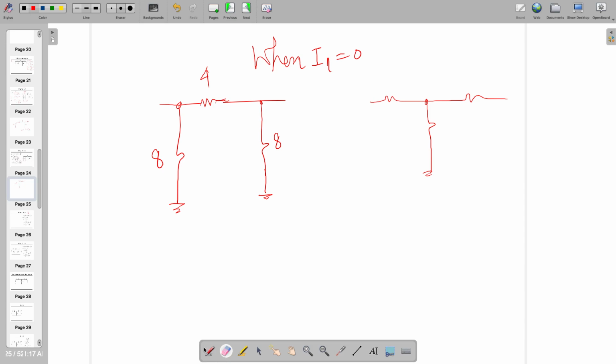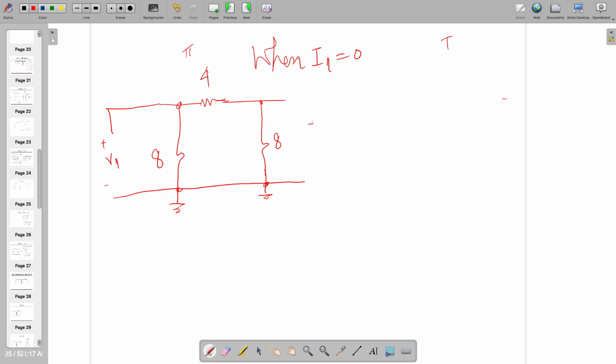So we are going to call it pi and T. All circuit theory guys or who are leading to study analog circuit designing, they are going to call it pi and T, right?